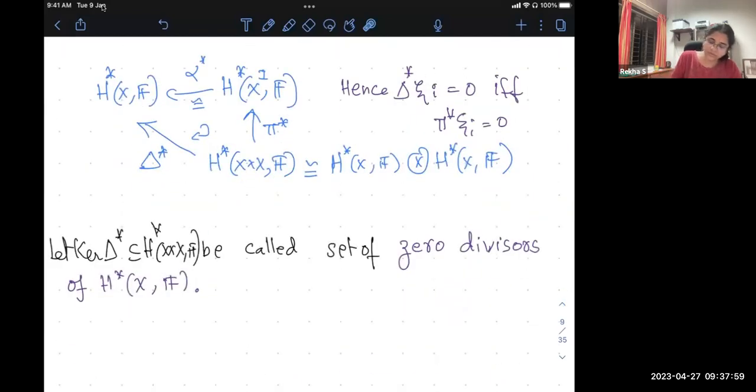So one can talk about the ideal which is the kernel of this map delta star. These are called zero divisors of H star X.